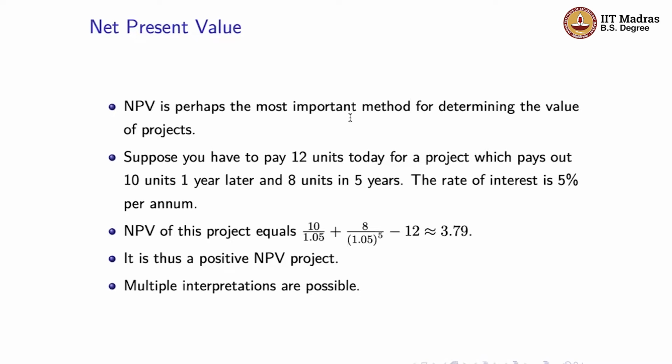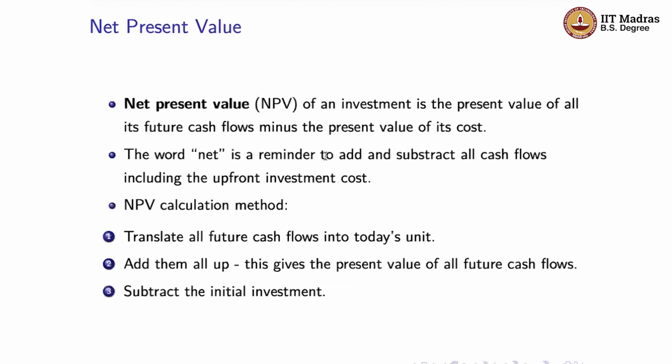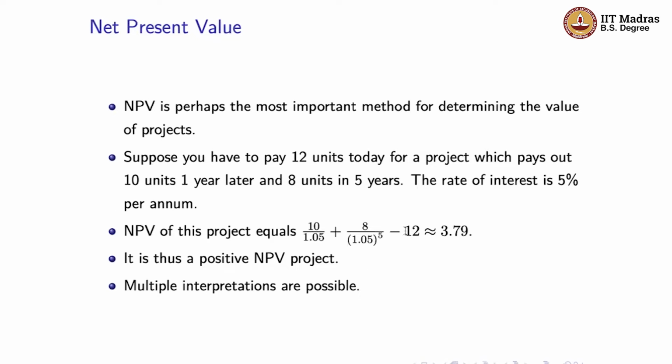So if you want to calculate that, the first step, remember, is to translate all future cash flows into today's units. So 10 units 1 year in the future has a present value of 10 divided by 1.05. 8 units in 5 years' time, the present value of that is 8 divided by 1.05 to the power 5.